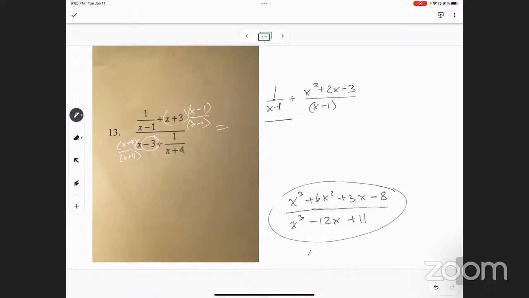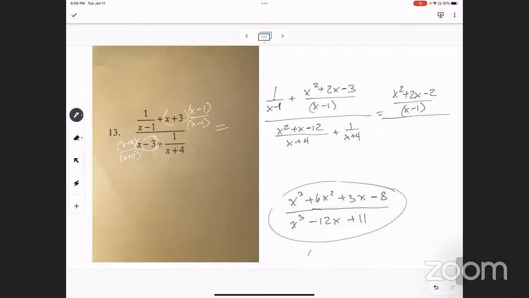So that's your top, all over. And then on the bottom, you'd have x squared plus x minus 12 all over x plus 4 plus 1 over x plus 4. And that would give you, on the top, you would have x squared plus 2x minus 2 over x minus 1.